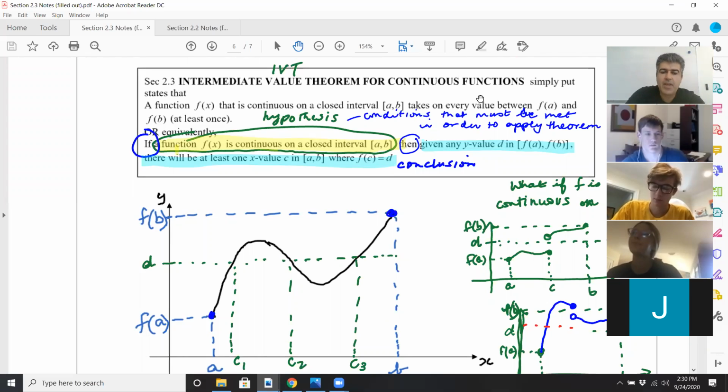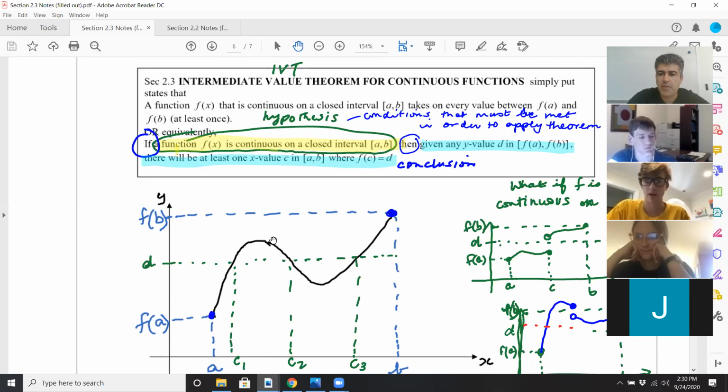If you have a function and it's continuous, and you give it a closed interval from A to B, any y value between f of A and f of B, so the y value at x equals A and the y value at x equals B, can be taken on by this function because it's continuous. It can be any y value between those two points.